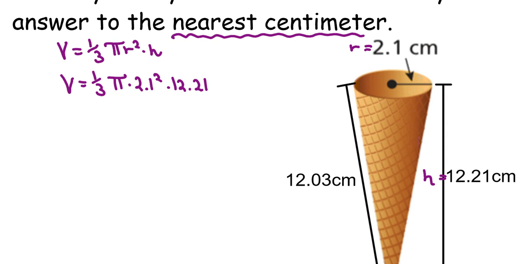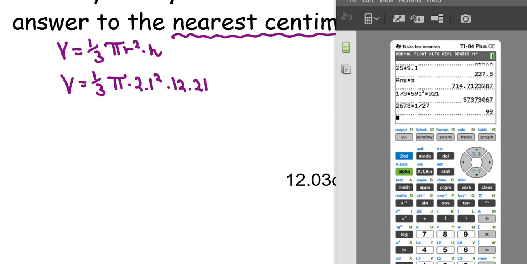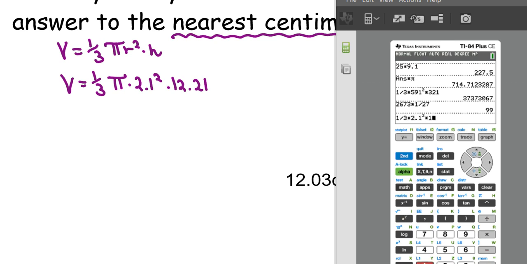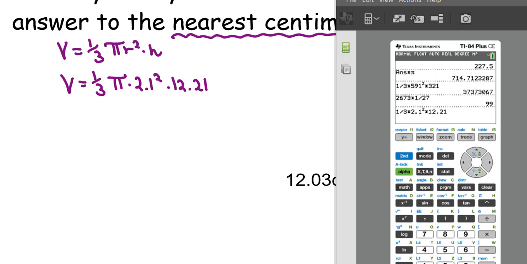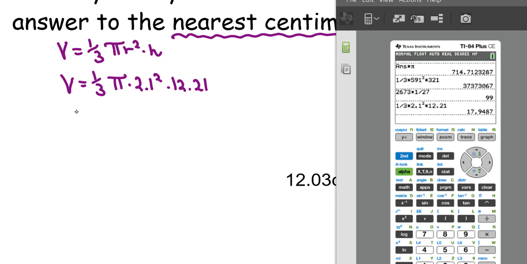And if I punch that all in to get an exact value, I can do 1 divided by 3 times 2.1 squared times 12.21. It's still going to have a decimal to it, even going out to 4 decimal places. I'm going to leave it all there in this case. So 17.9487 with the label of pi, and that would be centimeters cubed.